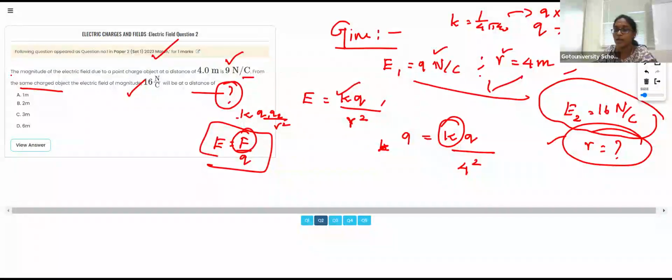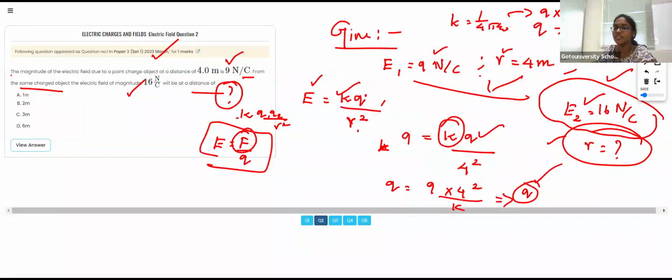So when you apply all the values, you will get the value of Q. Q is equal to 9 times 4 square divided by K. So definitely you will get the value of Q here. We have the value of Q, we have the value of E2. Then we can calculate the value of R easily, right? So this is how we have to solve this question.